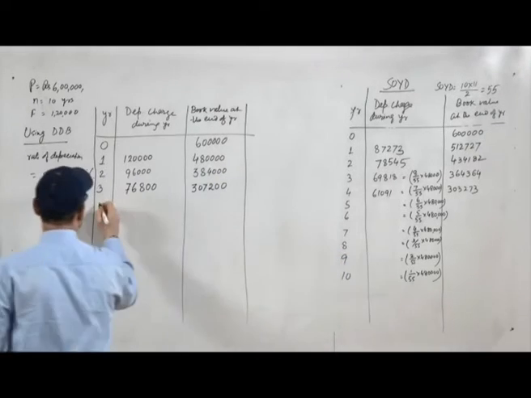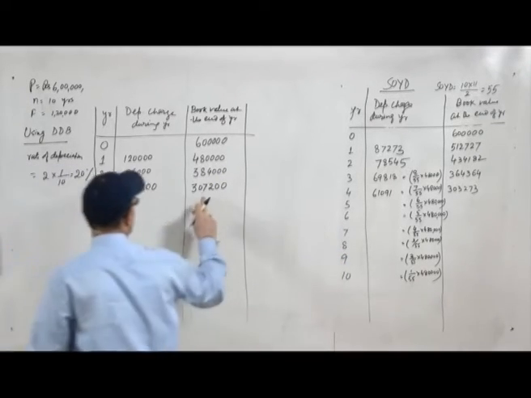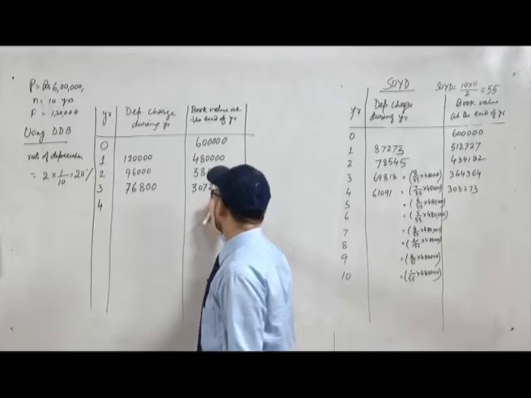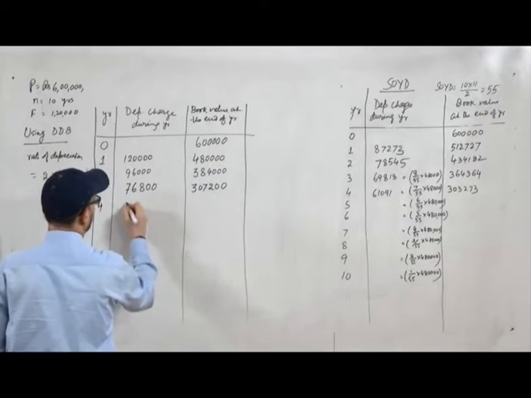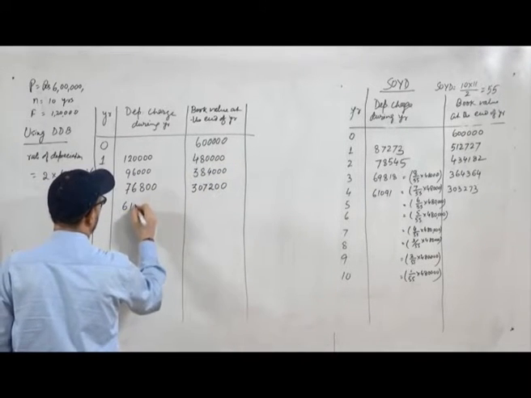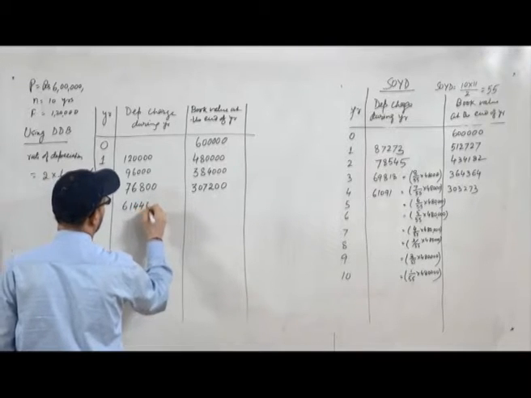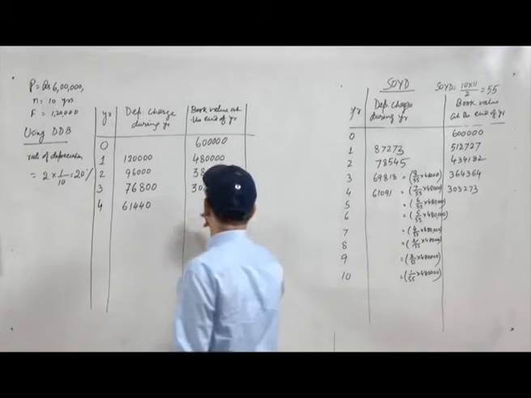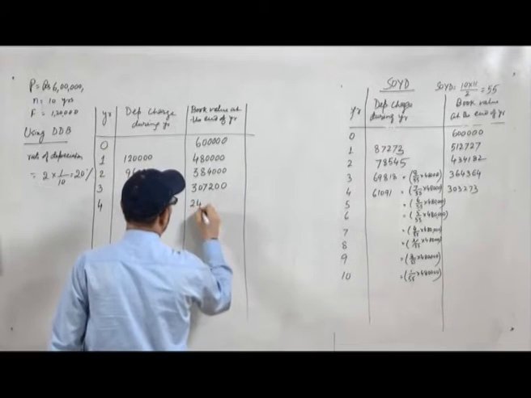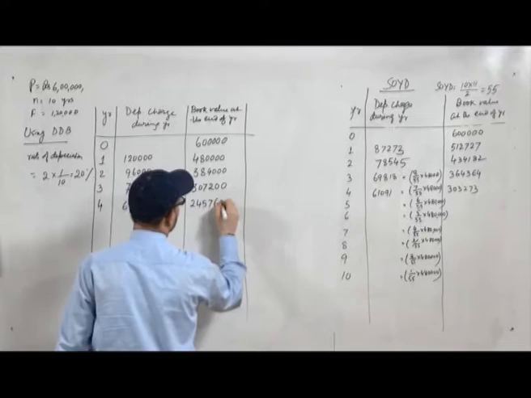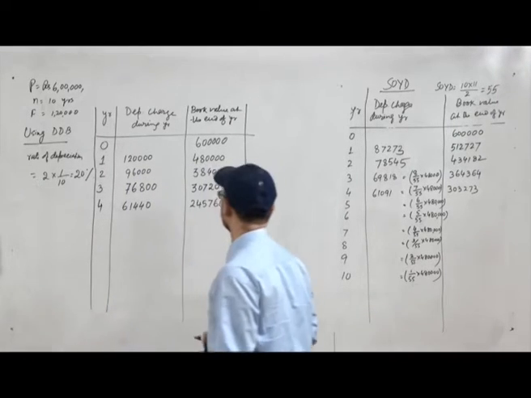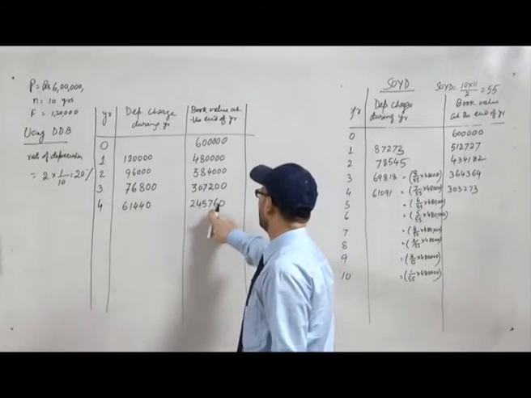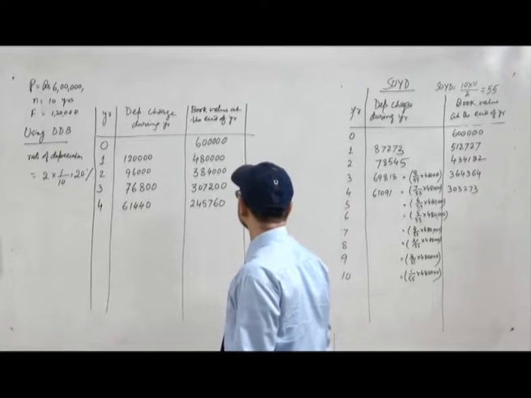So, in the fourth year, 20% of this amount, so this will be 61,440 and this will be 2,45,760.